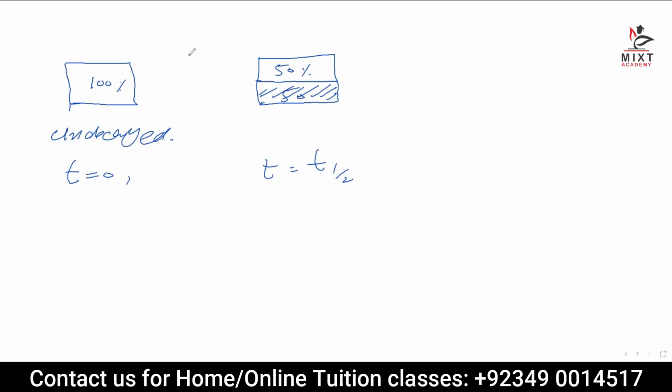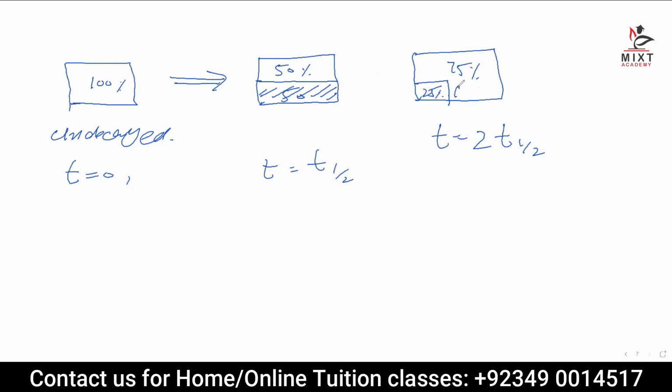Students, have you got an idea? Yes, sir, 50% decayed and 50% undecayed. Now when T is equal to 2T subscript 1/2, the second half-life, 75% decayed and 25% undecayed.